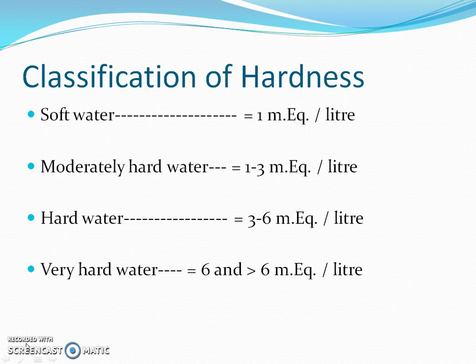A hard water contains 3 to 6 milli-equivalent CaCO3 hardness per liter. And finally, very hard water contains 6 or even more than 6 milli-equivalent CaCO3 hardness per liter. So this is about classification of hardness.